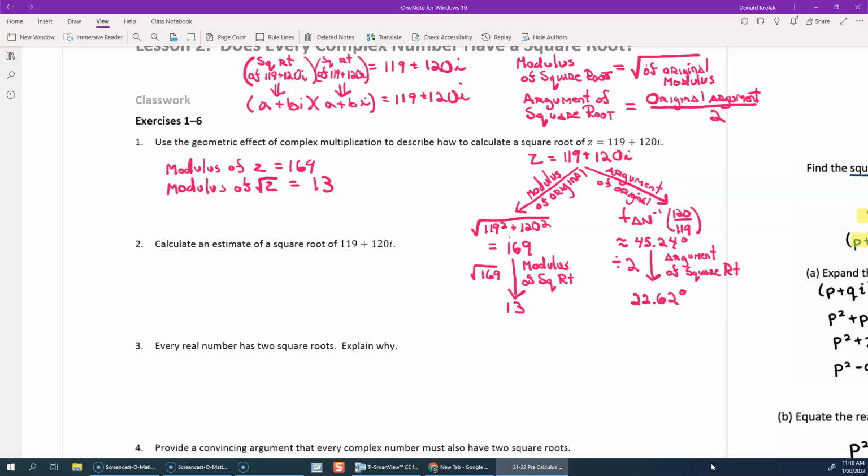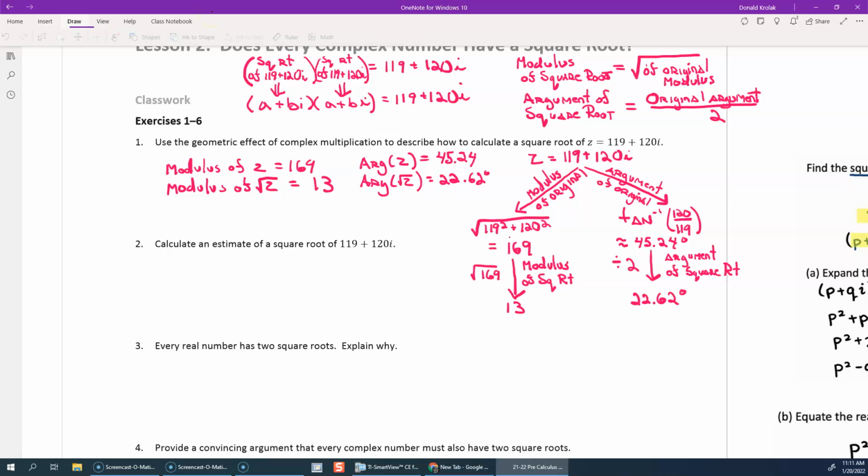All right, so what we had here, we had the argument of z. That was 45.24. And then we had the argument of its square root, and that was 22.62.